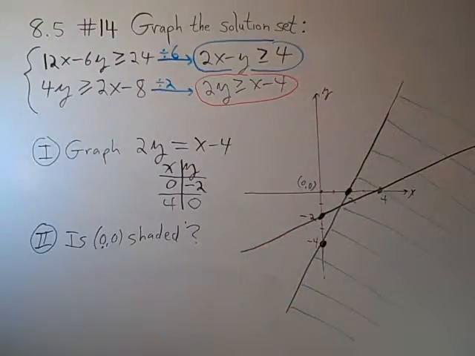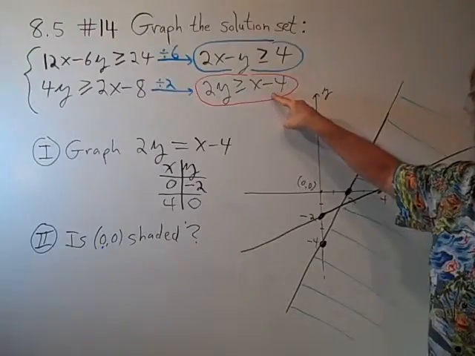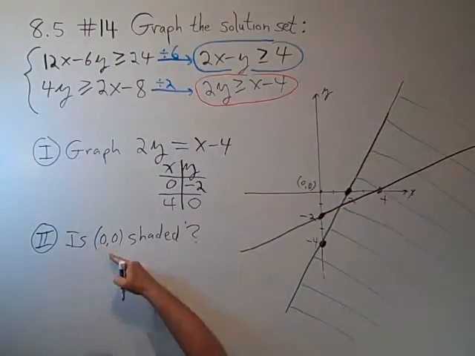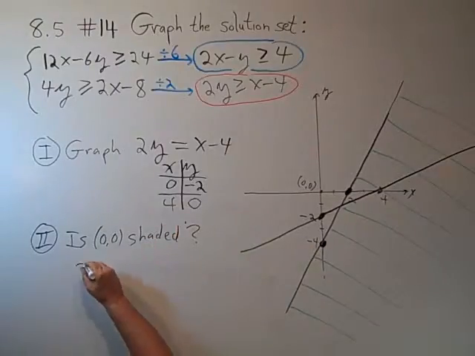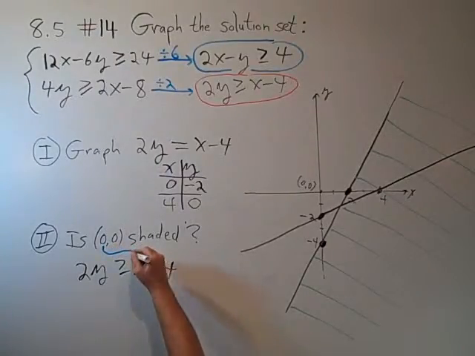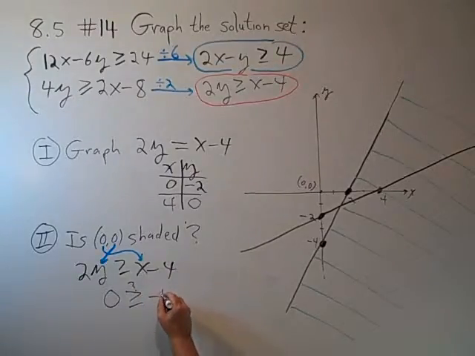Now we have to decide which side of that line we must shade in order to graph the second of our two linear inequalities. So we simply substitute the values x equals 0 and y equals 0 into 2y greater than or equal to x minus 4. So we substitute in 0 for x and 0 for y, and we wonder, is 0 bigger than or equal to 0 minus 4?